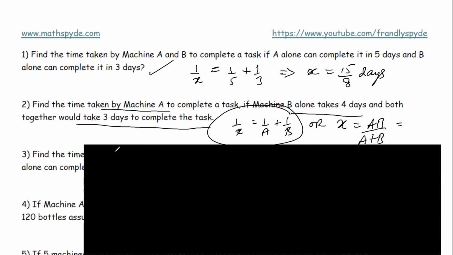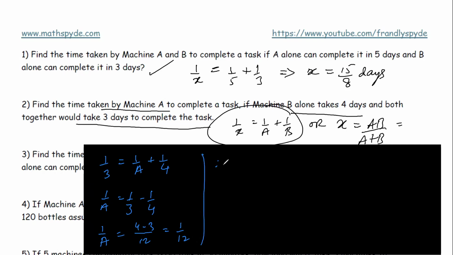So 1 by X. X is what? 3 days. 1 by A is what we need to find out. B is what? 4 days. So therefore 1 by A is equal to 1/3 minus 1/4. So 1 by A is equal to 4 minus 3 over 12, that is 1 by 12. So therefore we know that A is 12.